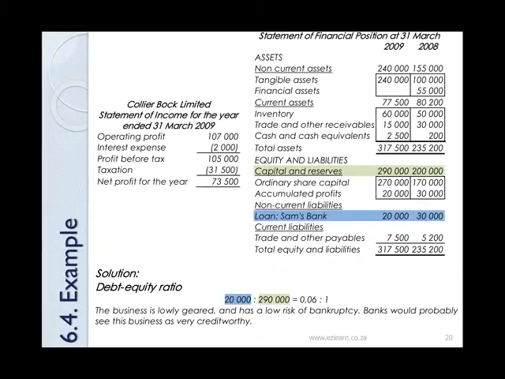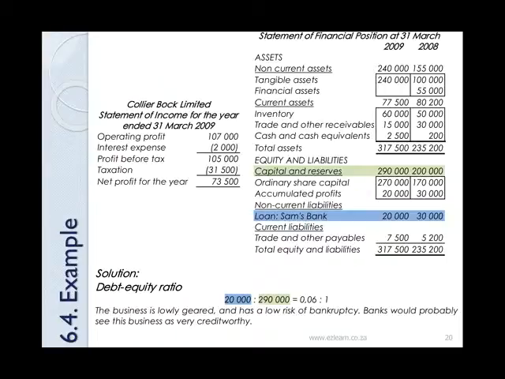Let's have a look at example 6.4. Over here, you can see the capital and reserves, which are your shareholders' equity, as well as the loan from Sam's bank. Using these two figures will help you determine the debt-equity ratio.